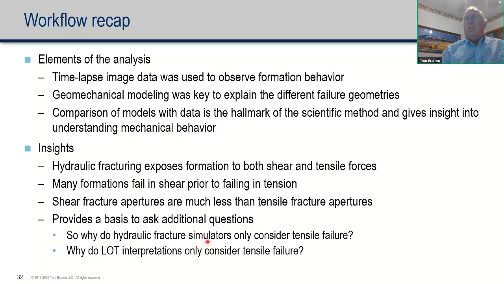And the other final insight is, this provides a basis to ask additional questions like, why is it that hydraulic fracture simulators only consider tensile failure? And I think this is kind of a follow-on from the religious method, where we started hydraulic fracturing reservoirs in the 40s before we had any kind of modeling, and before we had any kind of data.